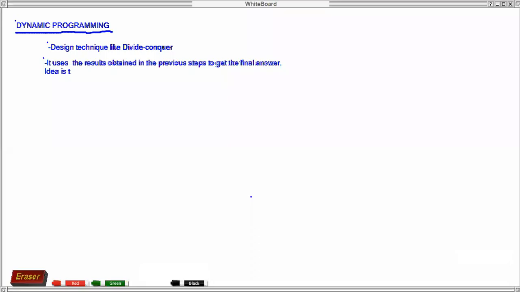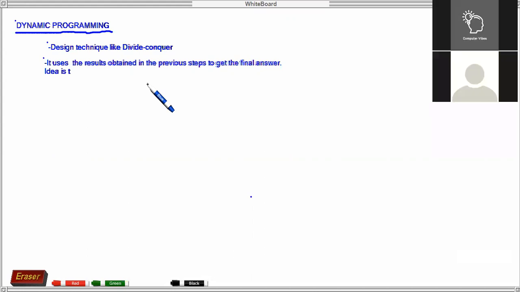So discussing dynamic programming, we are saying it is a technique like the divide and conquer principle. And it uses the results obtained in the previous step to get the final answer. What is our idea?